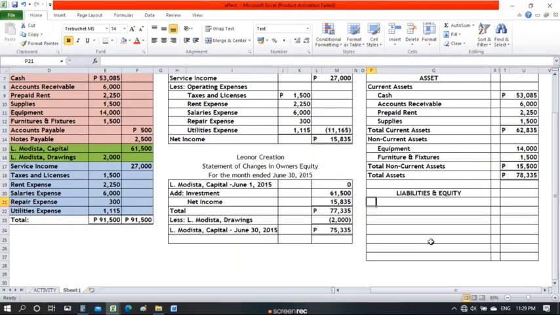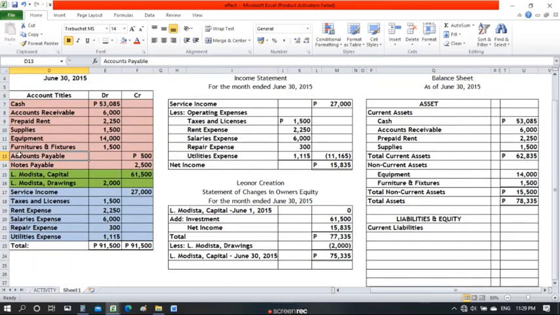So first we go to the liabilities. Again, in the liabilities, we have two categories: the current and non-current, or what we call the short-term and long-term. Let's go first to the current liabilities, or the short-term liabilities. Both are current liabilities.